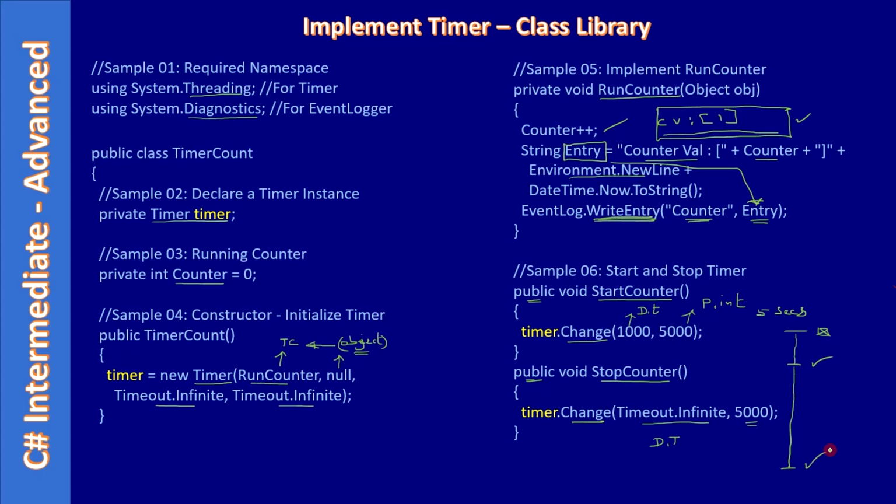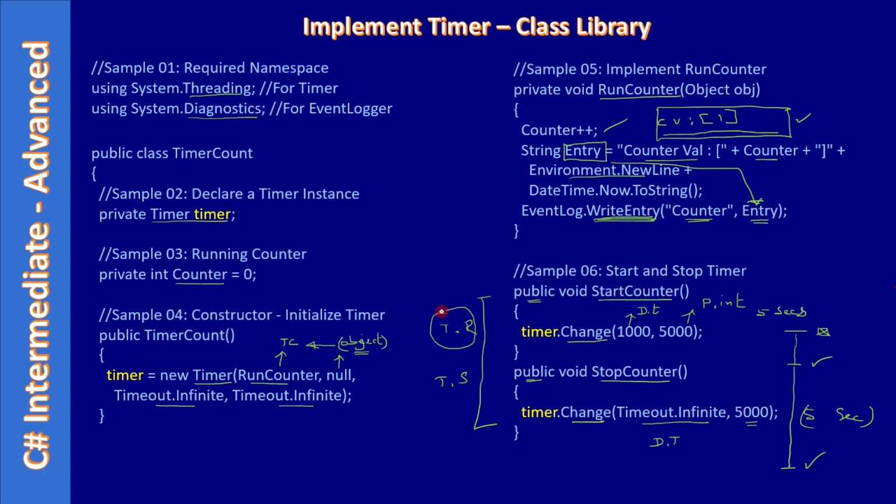Then the timer event gets fired, I mean the run counter will get called. So afterwards it will be a 5 second interval, and on this interval the procedure will get called. That means every 5 seconds you will get a Windows Event Logger entry when the timer is running. So at this stage, we are talking about the timer running and the timer stopped, right?